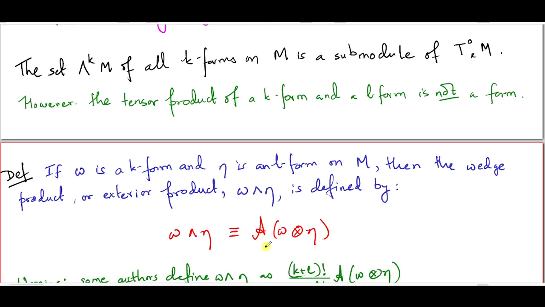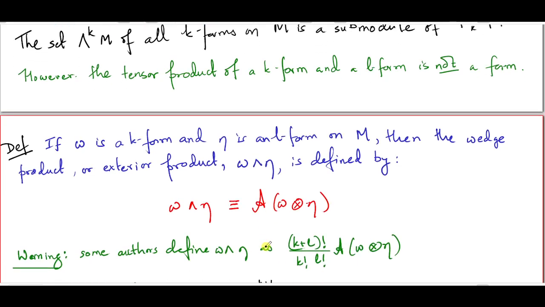Now, note that some authors actually use a slightly different definition for the wedge product. They carry out the alternation, of course, but then multiply this by a prefactor given by K plus L factorial over K factorial times L factorial. Now, this additional factor essentially serves to make some equations that we will see later on turn out to be simpler.